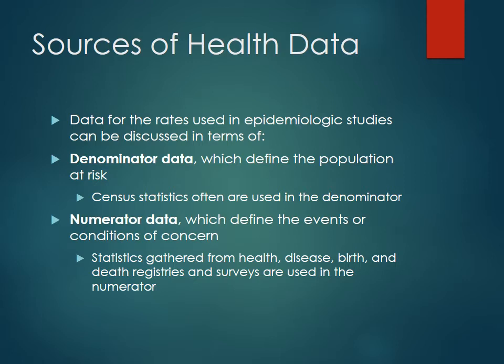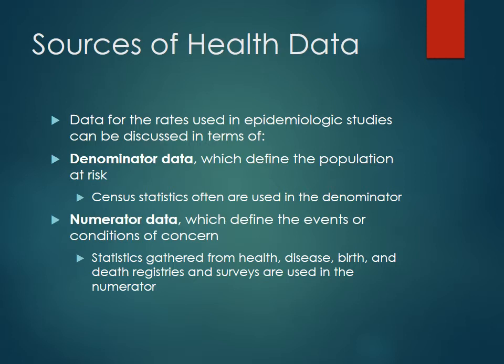So some of the data that we're gathering for these health analyses, the first thing you want to look at is what your denominator is. In this case, the denominator is going to be your population at risk. Very frequently, the best source of widespread population data that we have can be things like the census statistics that are oftentimes used in the denominator.